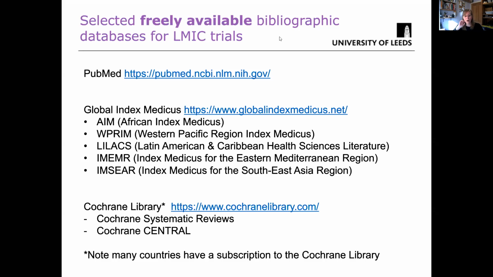If you're doing a review of trials, it's a definite one to look at. I'm hoping it'll be free to all of you on the call. Countries have to subscribe to the Cochrane Library, but there are lots of deals between different countries and LMIC regions, so I would anticipate that you all have access to that.